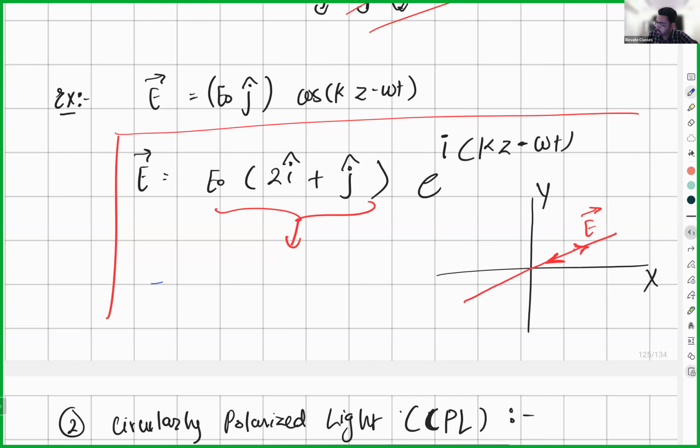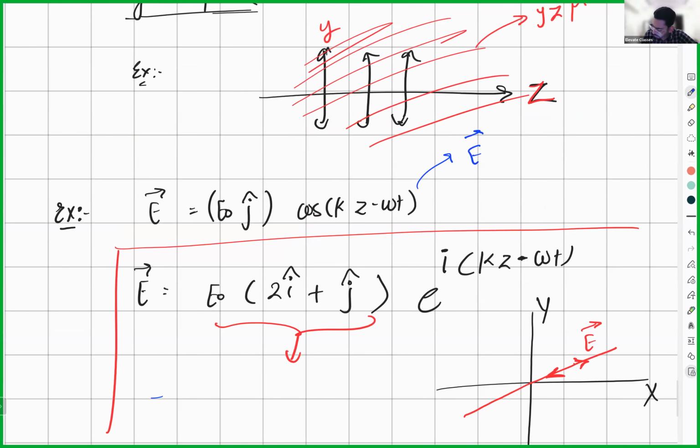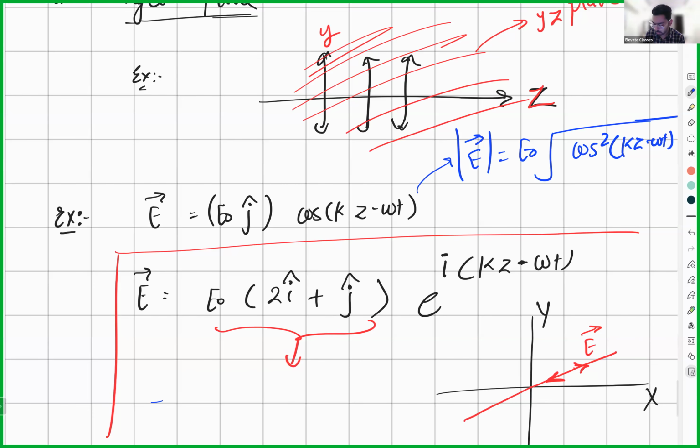The electric field magnitude will be E naught comes outside, and this becomes under root cos square of kz minus omega t, right? So this is the y component. Only there is a y component. So E naught into cos of kz minus omega t is the y component of the electric field. So under root of y component square plus x component square, but the x component is not there. So this is how the magnitude will be written.